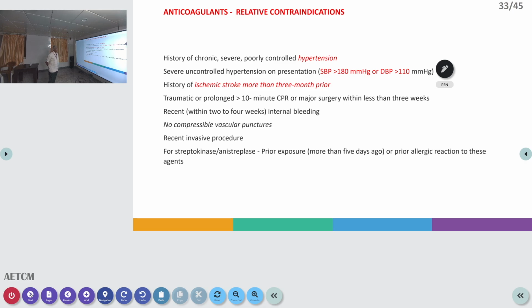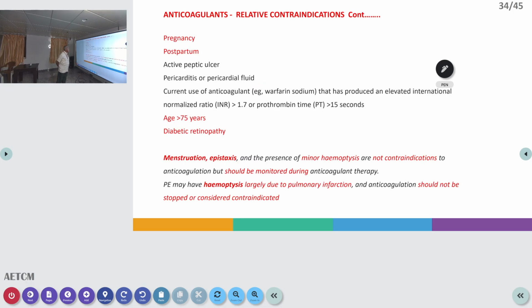I don't want to read all one by one. We can just go through the PPT. And the most important relative contraindications you have to keep in mind are pregnancy, postpartum, active peptic ulcer, pericarditis, pericardial effusion, age above 75, and diabetic retinopathy.